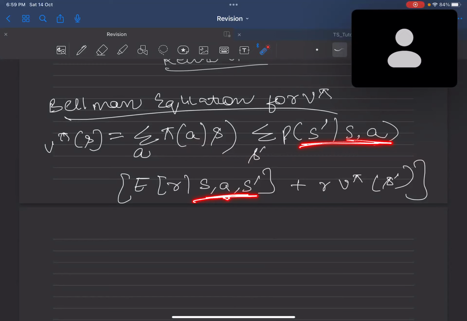Here, madam, the only confusion: is the reward R stochastic or deterministic? It can be both. Okay, then in that case, we have to put P of R. If it is deterministic, can we take just R there? Do we need to take the expected value of R? We are taking the expected value of R just so that whether it's deterministic or stochastic, we keep it like that.